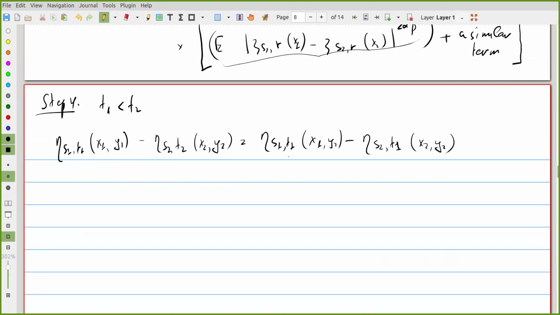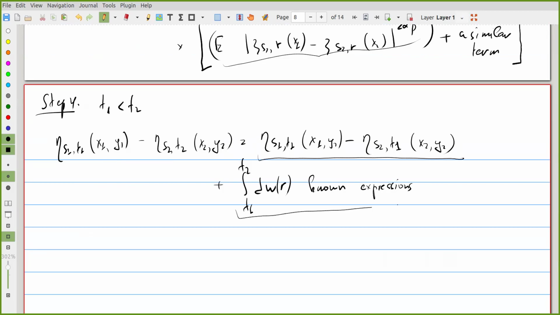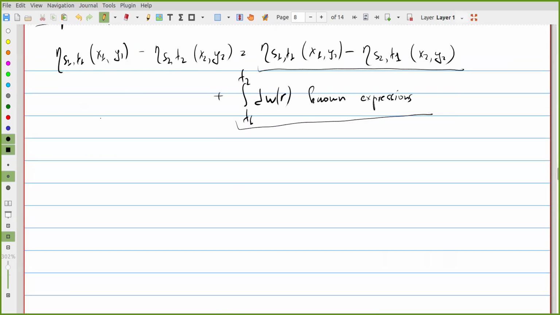We take everything at this moment of time and known expressions. Now, this is covered by step 3, and this can be dealt with in a very similar manner. I will leave this as an exercise. This finishes the proof of this estimate.